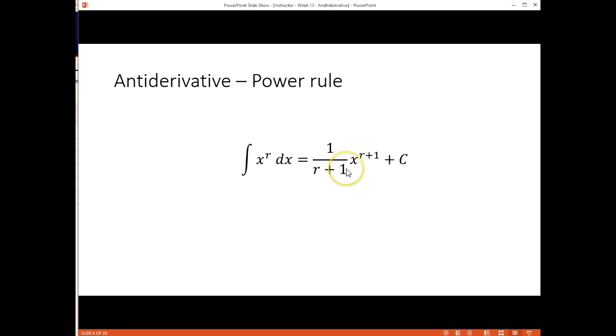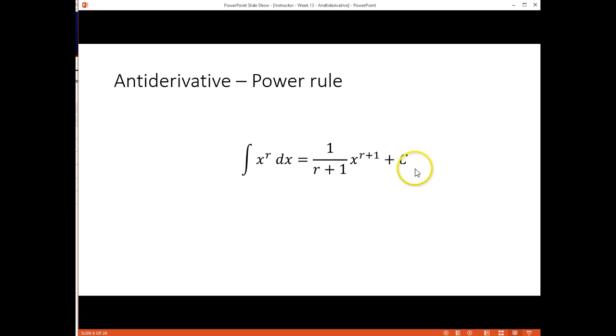This should make sense because if you remember, you take your derivative, you take your number in the exponent, multiply it by what's out front. So if I multiply the r plus 1 times this 1 over r plus 1, they cancel. And then I subtract 1 from my exponent. So r plus 1 minus 1 is just r. So if I take the derivative of this side, I should get what's inside the integral. And we do. Now the derivative of a constant is just 0.